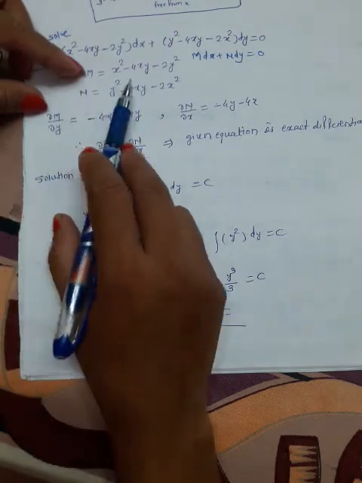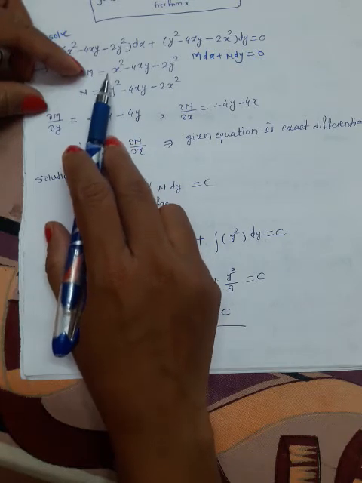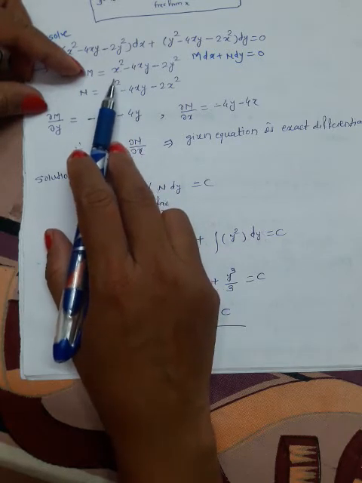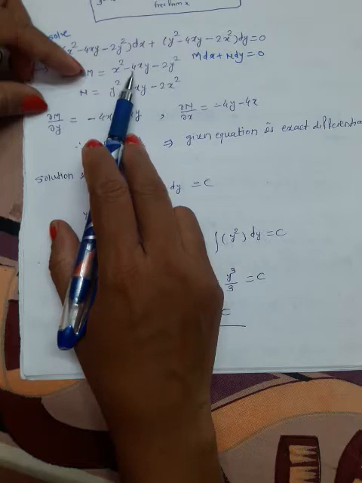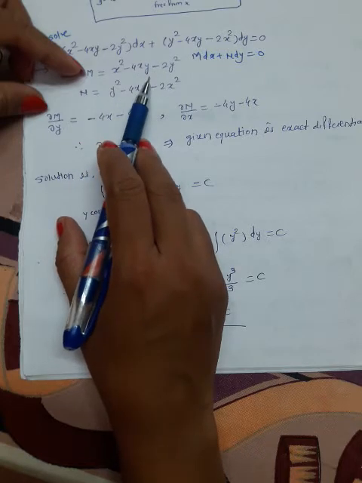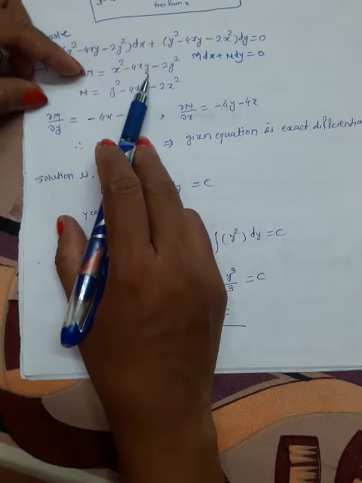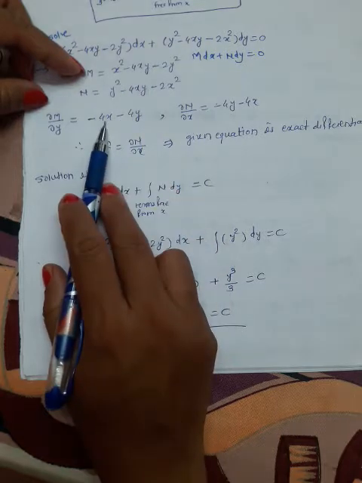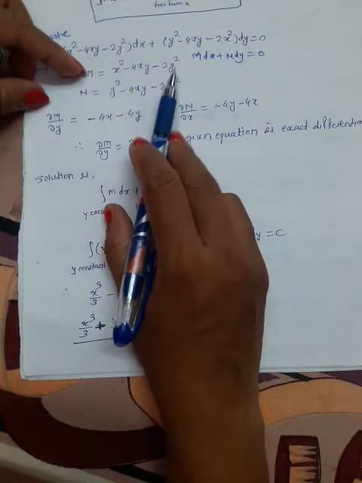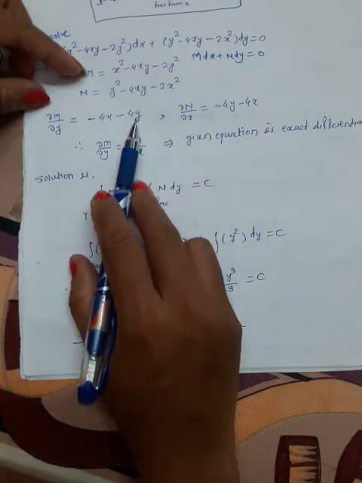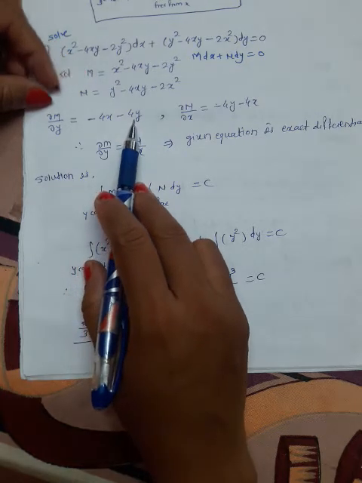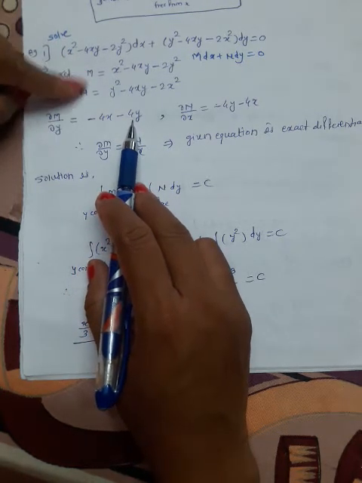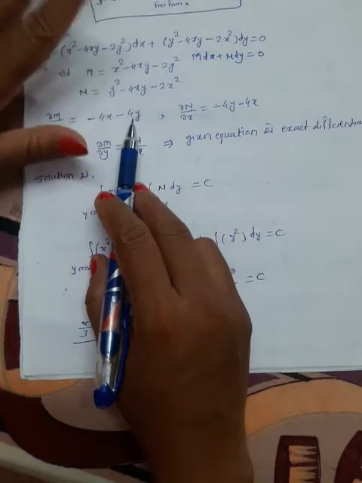This is x square and x should be constant, that's why its derivative is 0. It contains minus 4xy. Only the y derivative should be taken. The y derivative is 1. That's why minus 4x is constant. And minus 2, as it is, y square derivative is 2y, so 2 times 2y is 4y. This is dM by dy, the derivative of M with respect to y, treating x as constant.